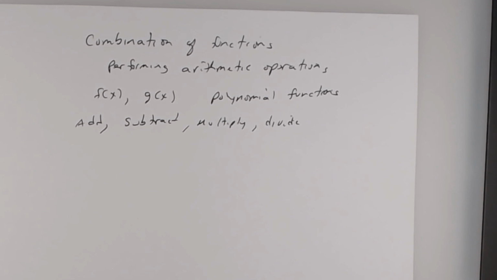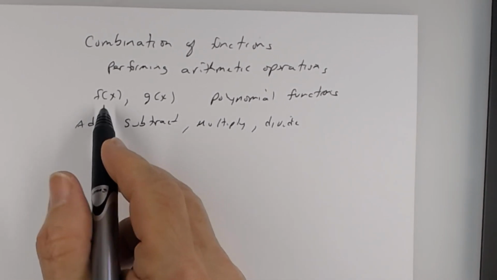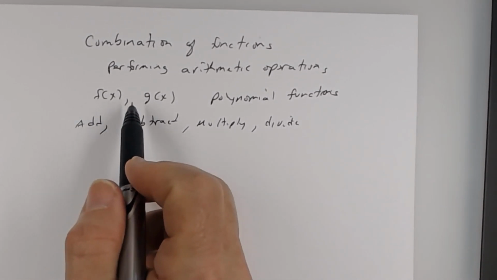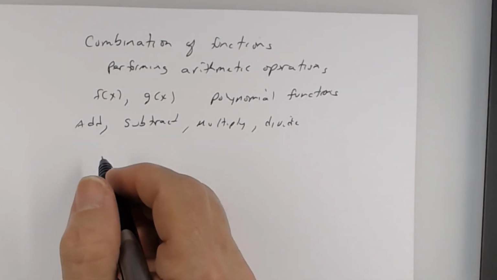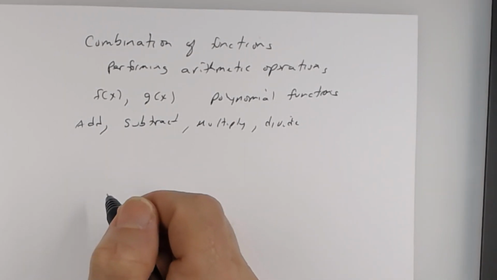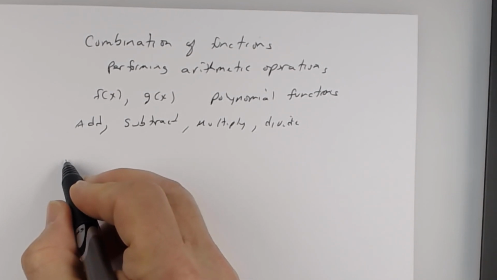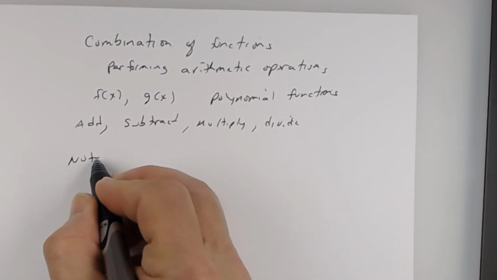But there's some notation that you need to be aware of. Here's how it's going to look for the most part. One function will be called f of x, the other will be called g of x or h of x, whatever your function is called. The notation, though, is important.